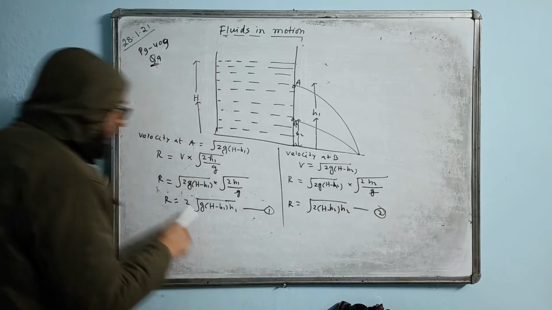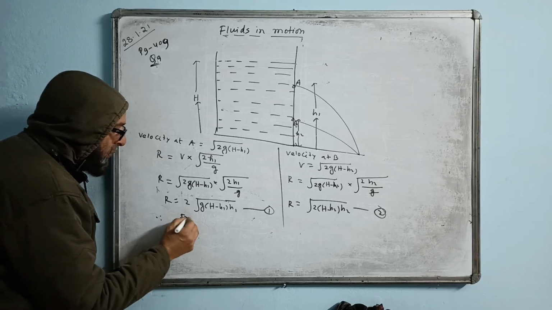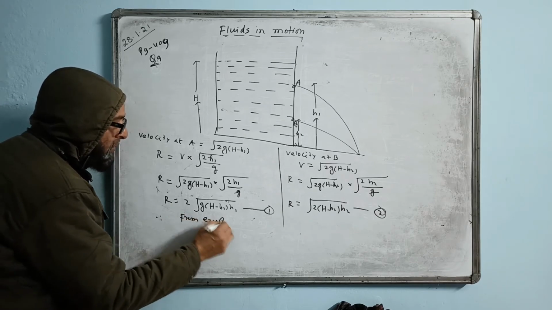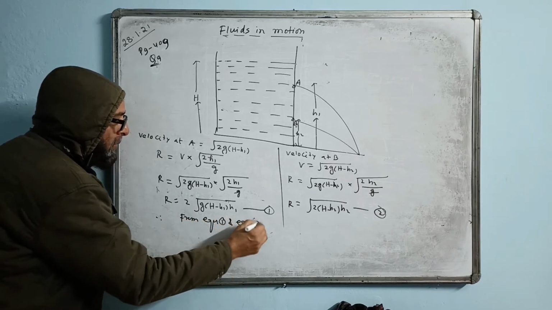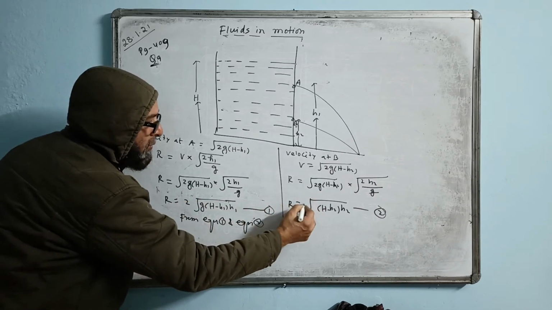Equation number 2. These two ranges are equal. Therefore, from equation 1 and equation 2, we will make them equal. 2 cancels here.